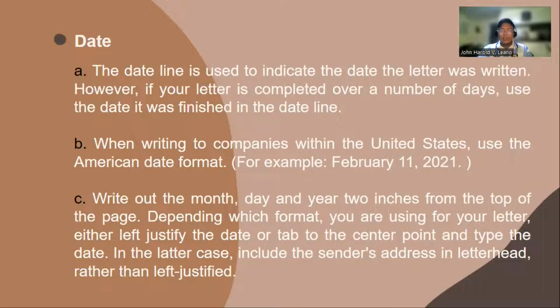The date line is usually keyboarded in this way: November 11, 2016. When writing to companies within the United States, use American date format. For example, February 11, 2021, as I've said earlier. And also remember to write out the month, day, and year.